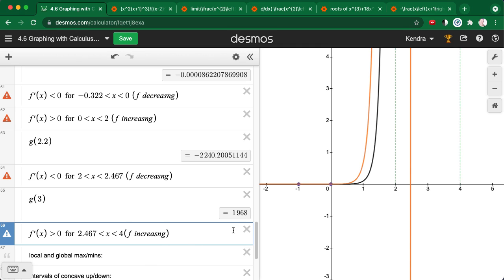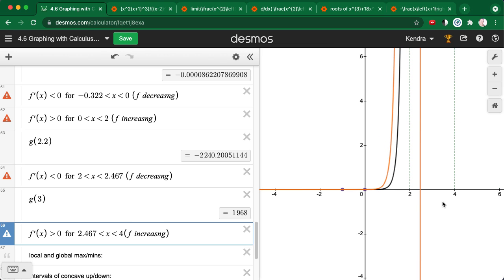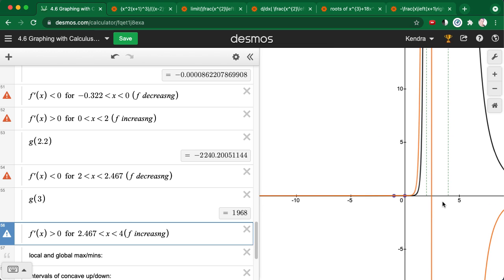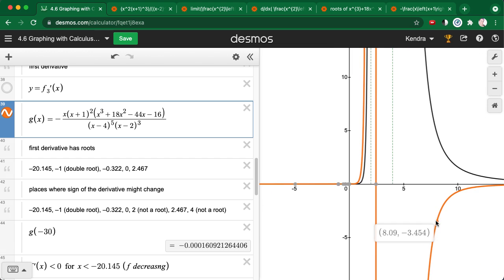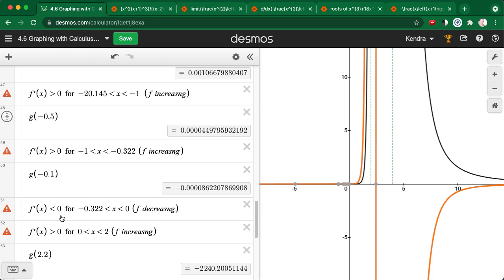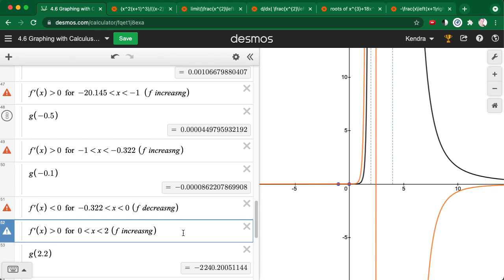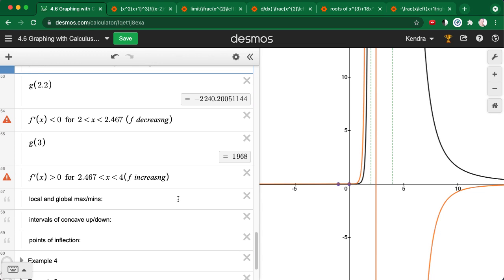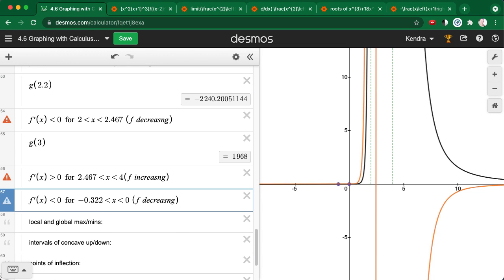So f is increasing, and for x greater than 4, it looks like the first derivative is negative. For x greater than 4. Okay, so that was more involved than I expected.